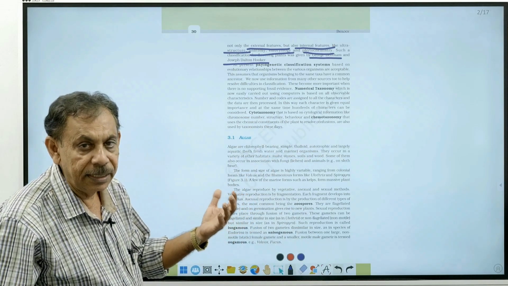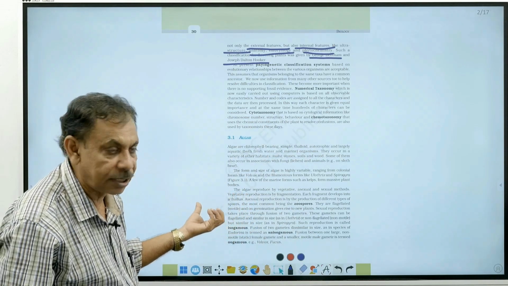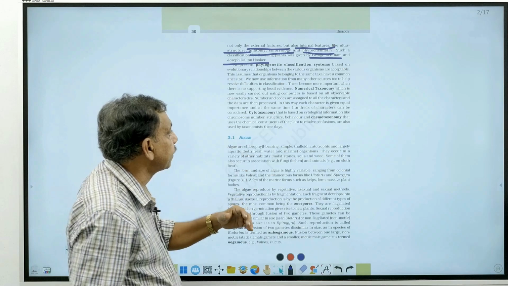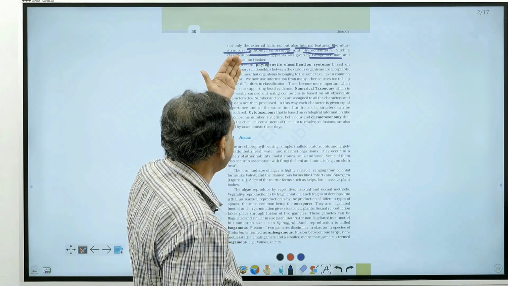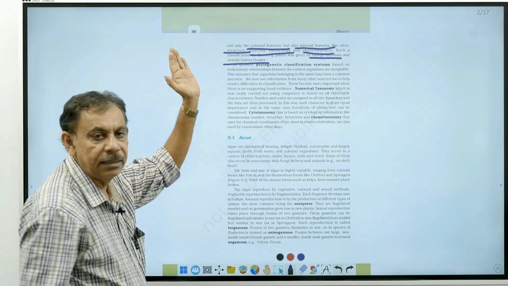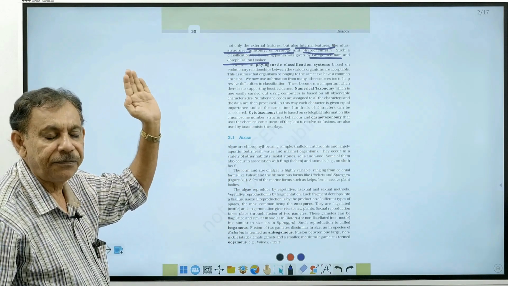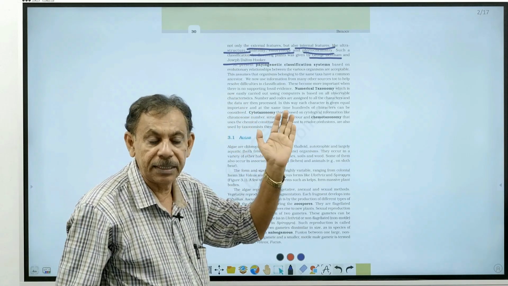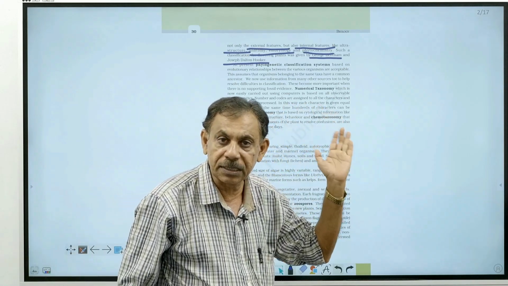Not only external morphological characteristics, but also internal structure, anatomy, embryology, phytochemistry. The natural system is one of the famous systems. Even botanists and taxonomists follow this system.